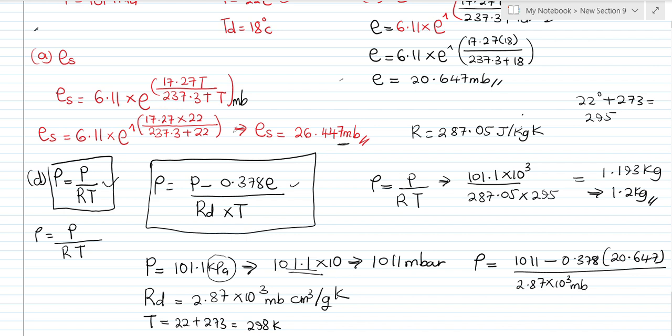We have to change centimeter cube to meter cube, so that will be times 10 to the power negative 6 meter cube per gram Kelvin.